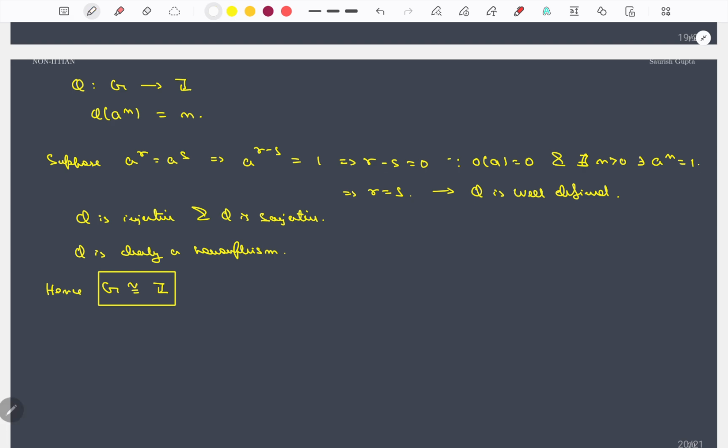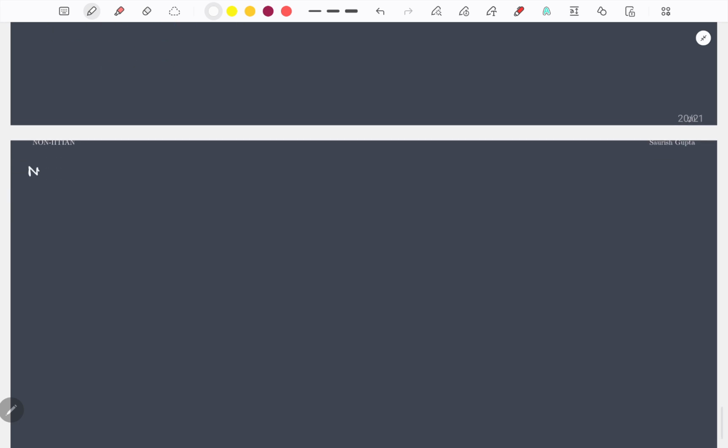So now let us get more involved in the cyclic groups. Definition: let G be a cyclic group.